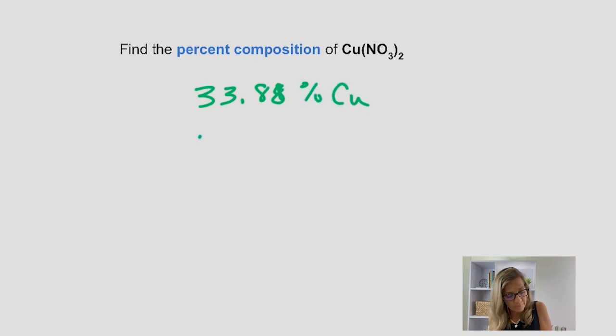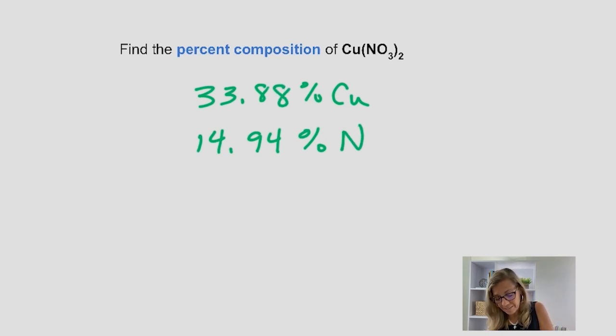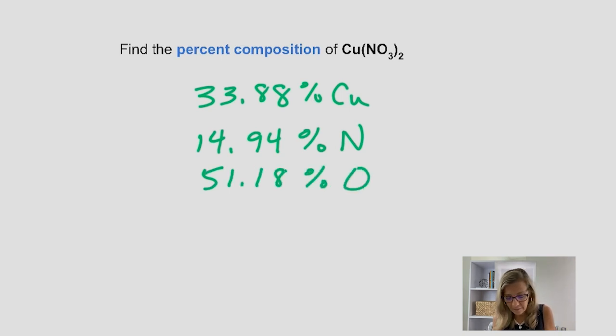33.88% copper, and nitrogen is 14.94. Now, when there are 3 elements in there, and you get to the third one, you can cheat and just take 100 and subtract the other 2 percentages. That's totally fine, as long as you did things right. Okay.